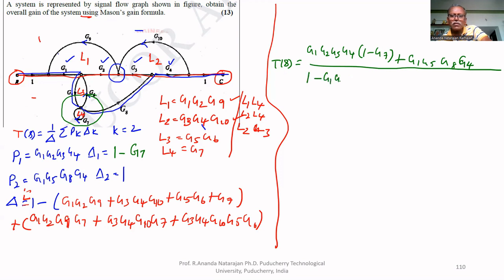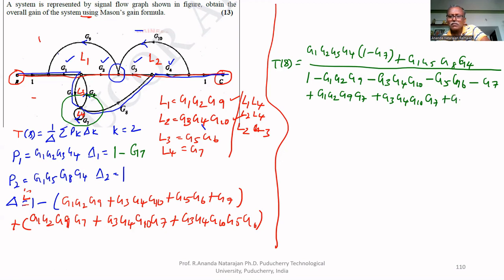1 minus G1, G2, G9 minus G3, G4, G10 minus G5, G6 minus G7, then plus G1, G2, G9, G7, two non-touching loops, plus G3, G4, G10, G7, plus G3, G4, G10, G5, G6.